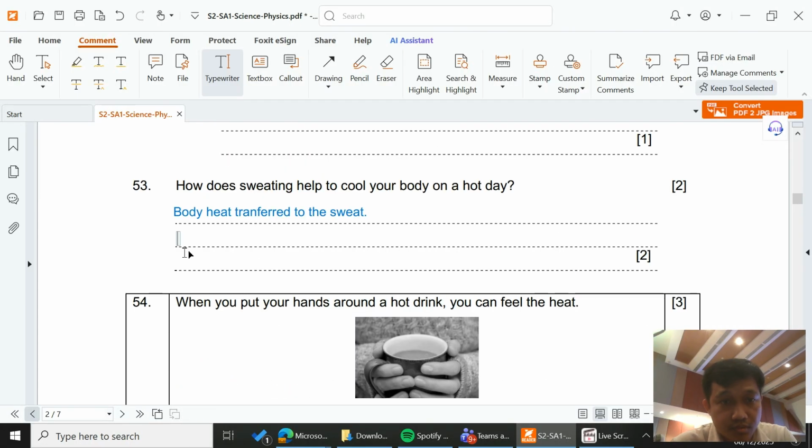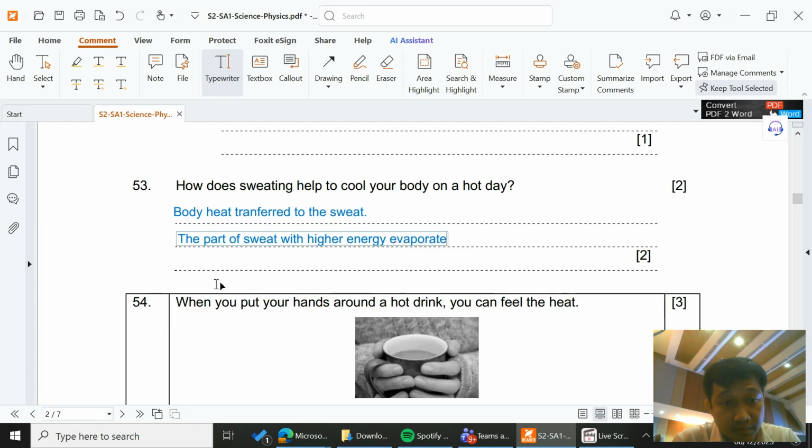Okay, we were talking about the heat, the sweat. How does the sweat cool down our body? Okay, first the body heat transfers to the sweat. The part of sweat with higher energy evaporates.